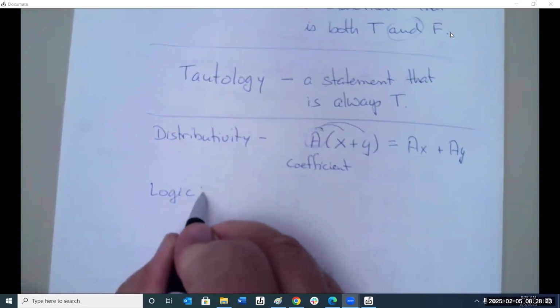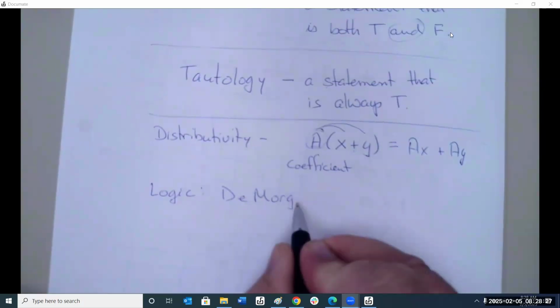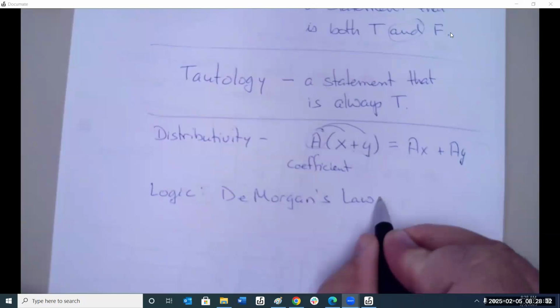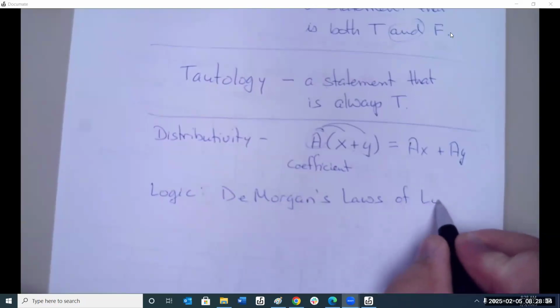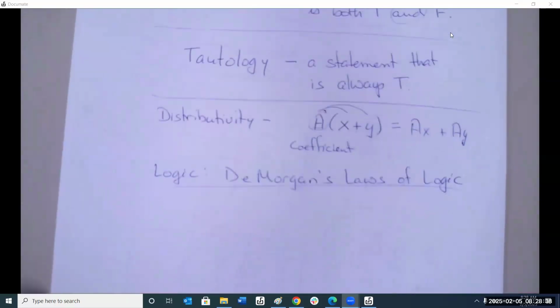In logic, they're called De Morgan's laws of logic.